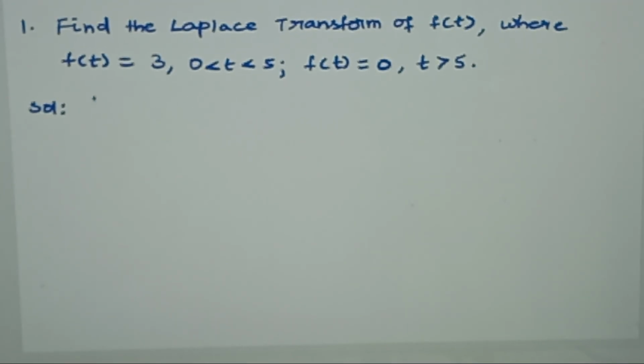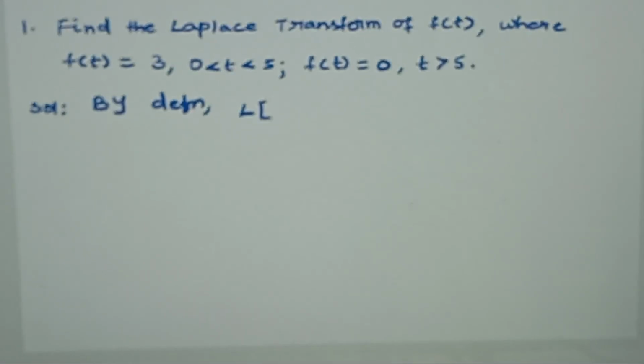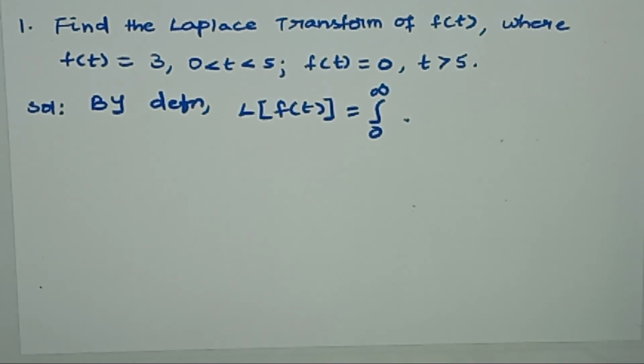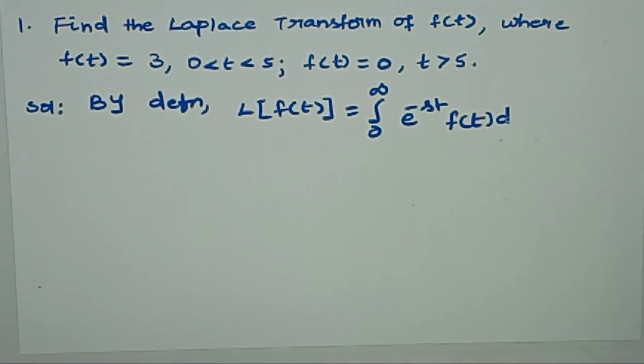What is the definition? By definition, we have Laplace transform of f of t is equal to, फॉर्मूला क्या सीखा है? Integral 0 to infinity e raised to minus st into f of t dt.